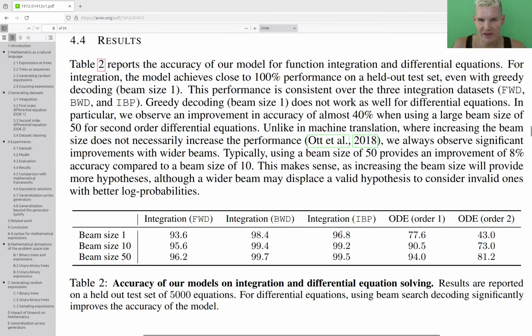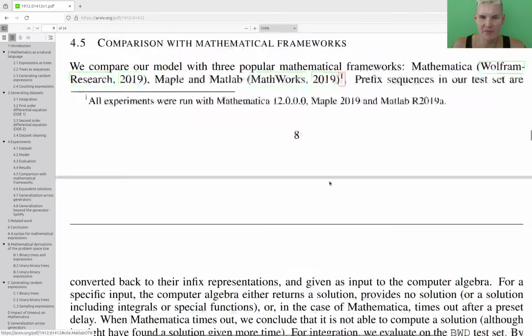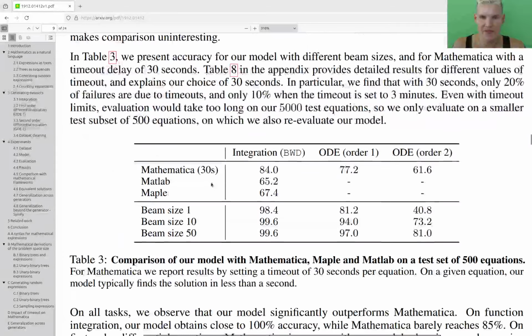So on integration, essentially perfect scores, which is very impressive. In particular, if you compare it with Mathematica, MATLAB, Maple, the standard computer algebra systems that can solve integration, they did way worse on the corresponding data set they used.